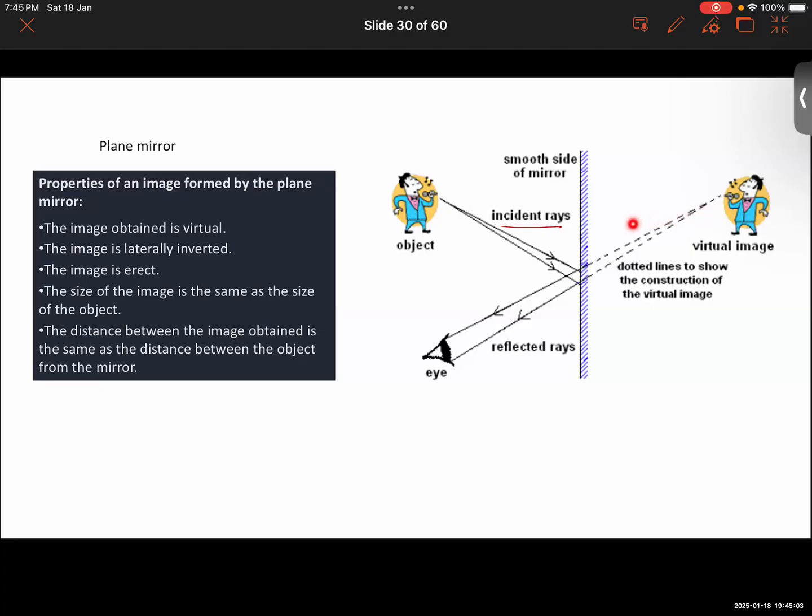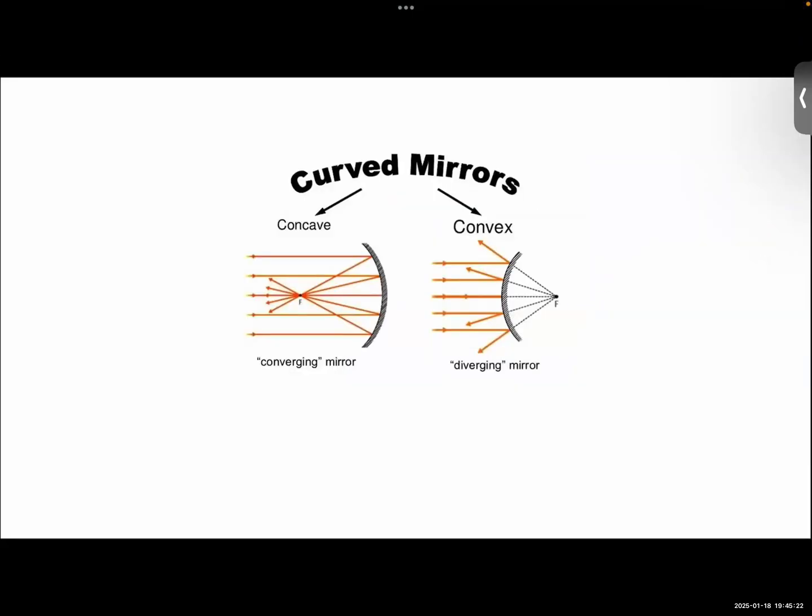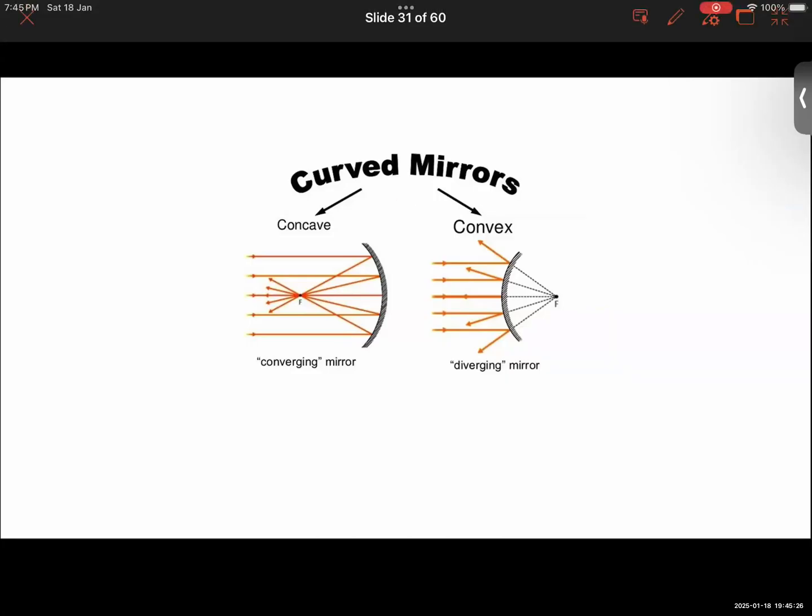Further, the image is erect basically, not upside down. The size of the image is also the same as that of the object. Now, the distance of the image from the mirror is the same as the distance of the object from the mirror. So these were some of the properties of the image formed by a plane mirror. Then talking about the curved mirrors, what do we also call these mirrors as?